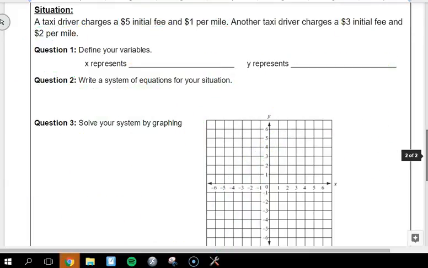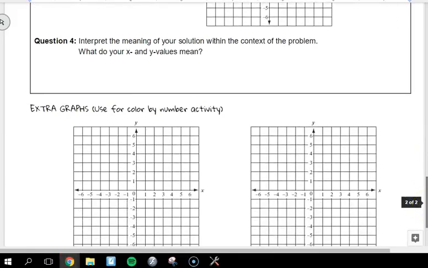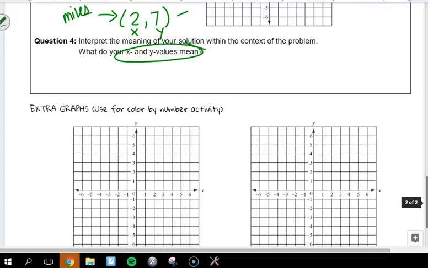So if we scroll down here to our last question, what is the meaning of your solution within the context of the problem? What do your x and y values mean? So we had 2, 7, x, y. Well, x was our miles and 7 was our cost.